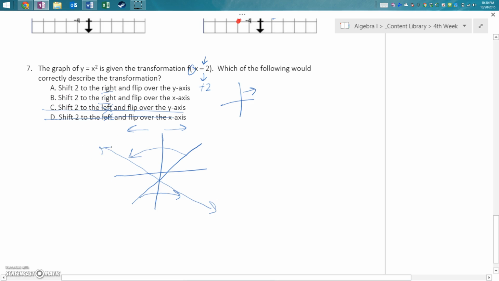Now whenever I just did that reflection, I reflected that line over the y-axis. I went left and right, reflected to the left, reflected to the right. That's what made my reflection. So I'm flipping my graph over the y-axis there.